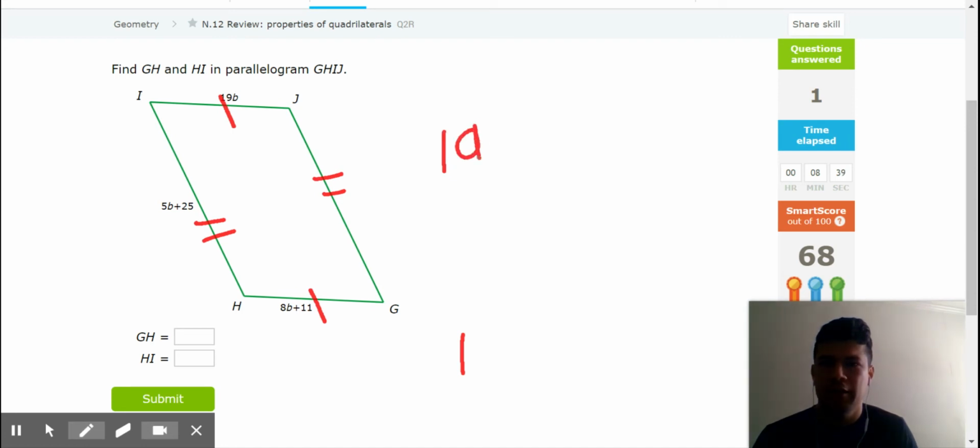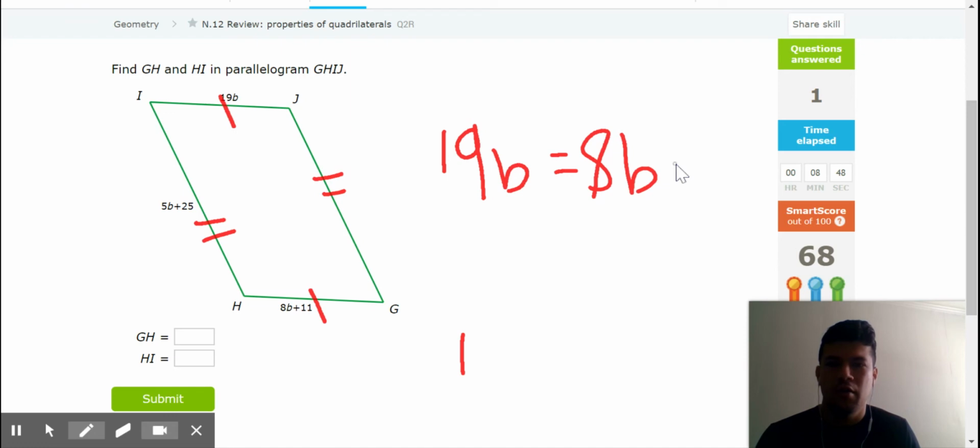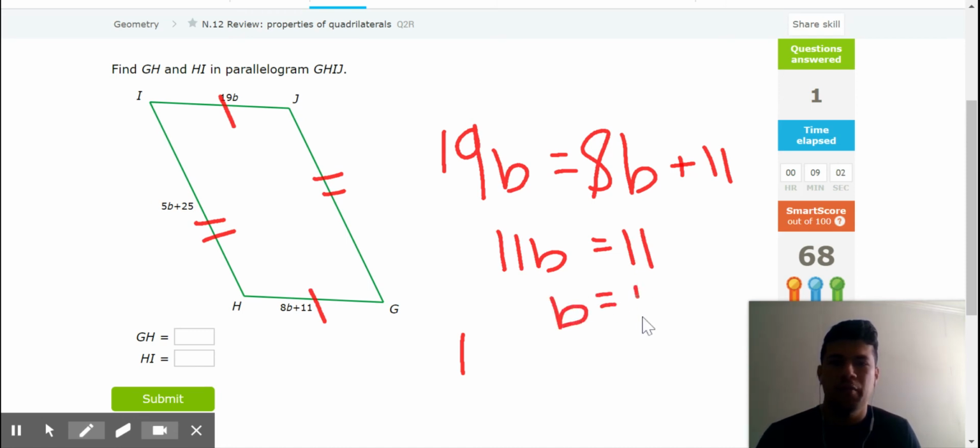We can say that 19B is going to be the same as 8B plus 11. Subtracting 8B from both sides, I get 11B equals 11, which means that the value of B is 1.